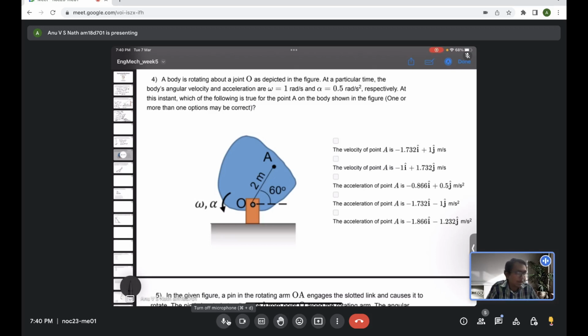It's an MSQ, so there can be one more correct answer. So did you find the acceleration?